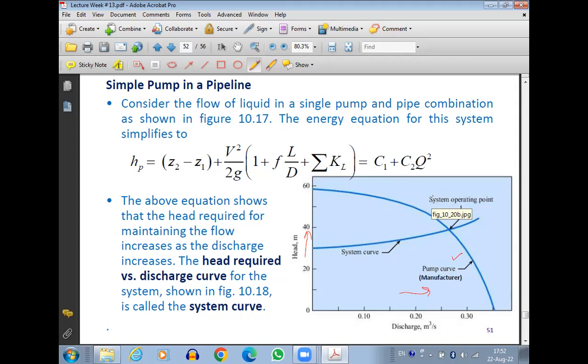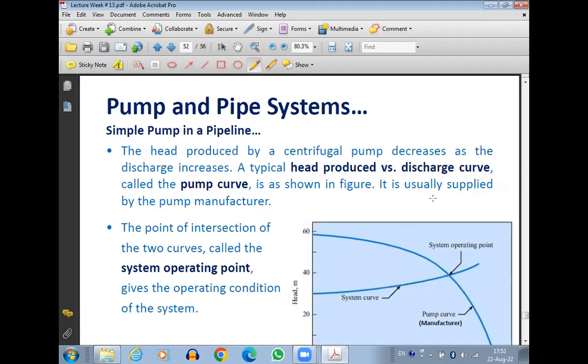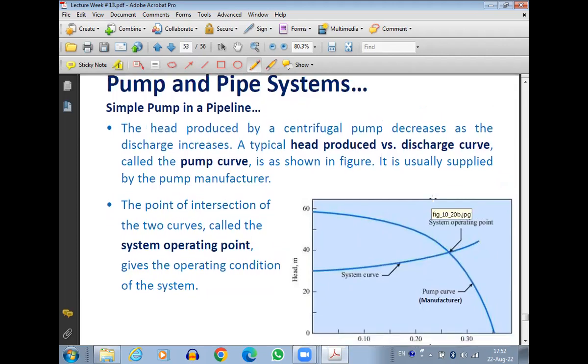The system curve is based upon the pumping requirement of the piping system, and the pump curve is provided by the manufacturer of the pump. We combine them together, and the point of intersection is the system operating point, which is needed for selecting the most optimum point for the operation of the piping system.